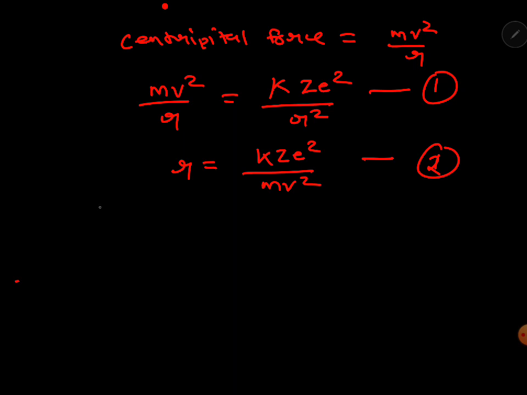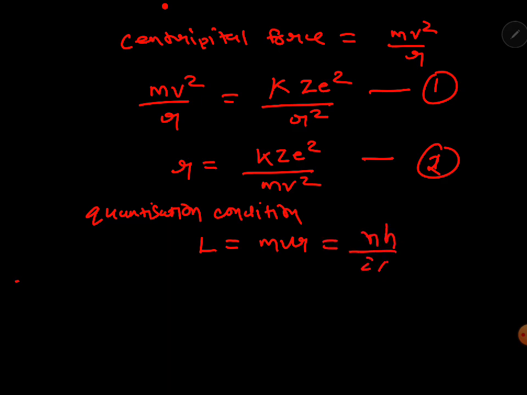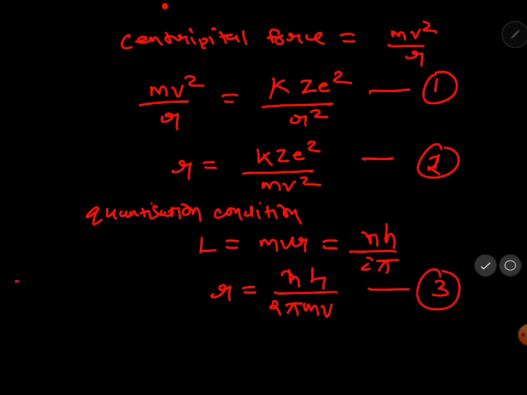And we know Bohr's quantization condition, L is equal to mvr, which is equal to nh upon 2π. We have just derived it. So from here the value of r can be nh upon 2π mv, and this is equation number 3.